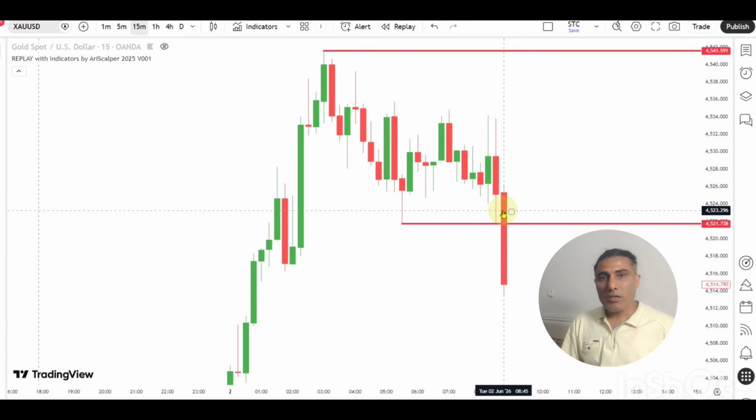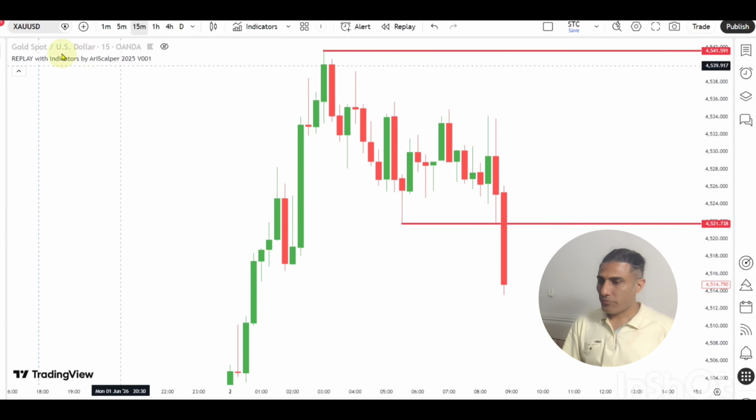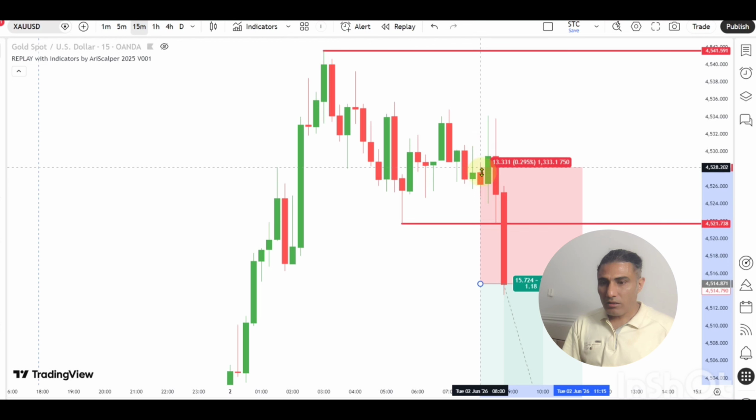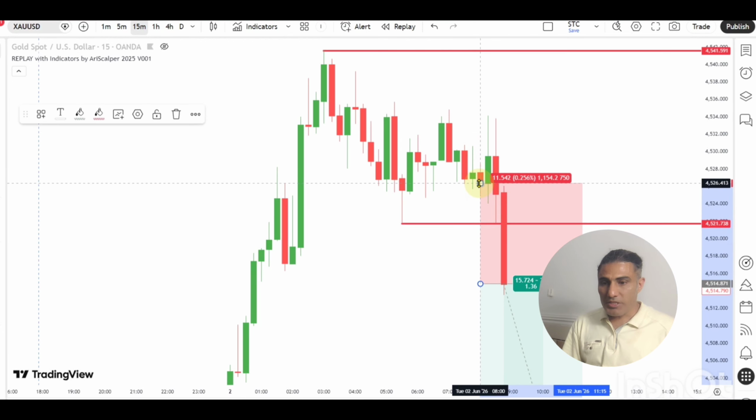We get a full body 15 minutes bearish candle that broke the low of the London session. And this is enough confirmation for us to enter a sell position. At the close of the candle, we enter the sell position.